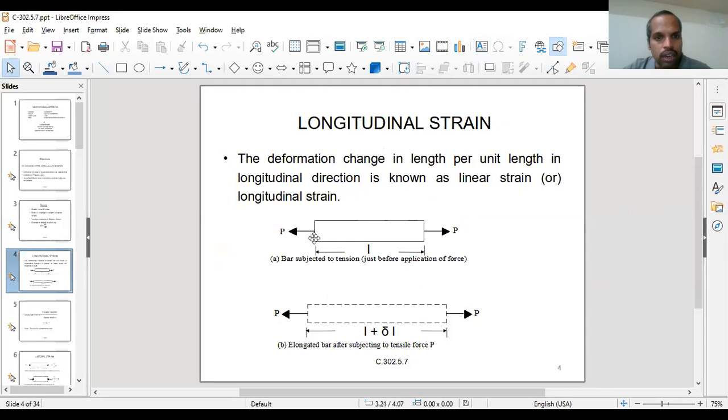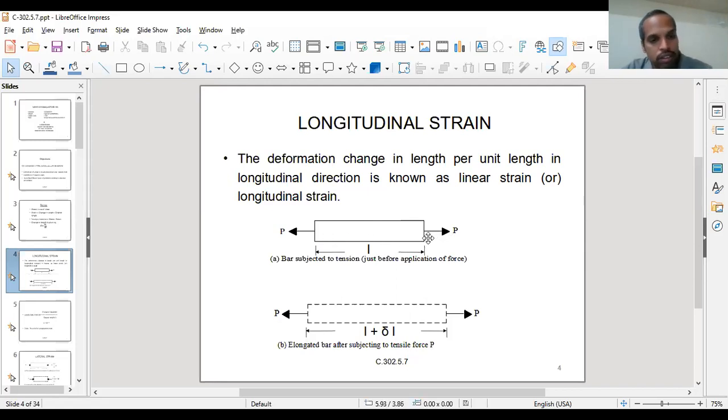If you take this member, it is a member of length L subjected to load P, that is a tension. So a tensile load is acting on it.